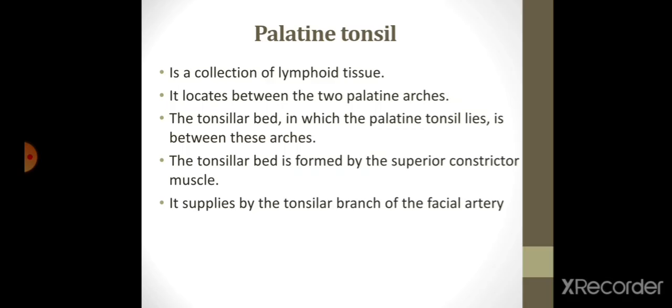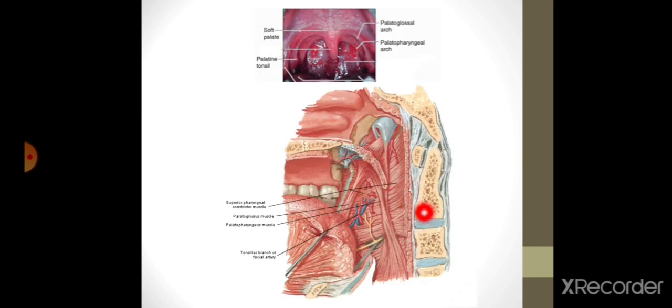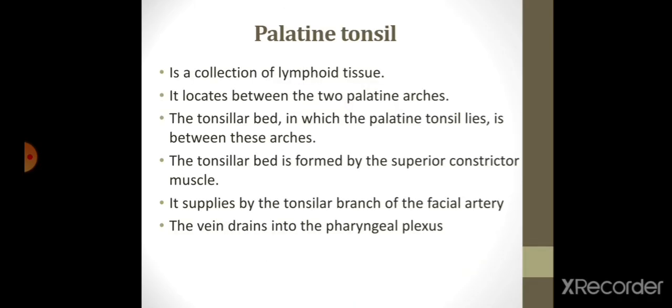The palatine tonsil is supplied by a branch of the facial artery known as the tonsillar artery and drains into the pharyngeal plexus. This is the palatine tonsil located between two arches, palatoglossal and palatopharyngeal arch or fold.